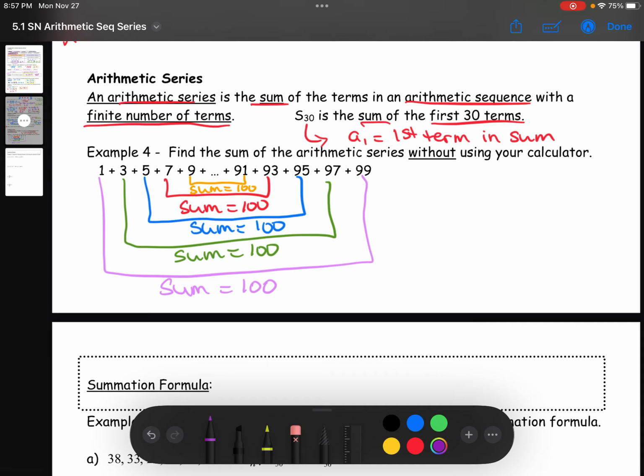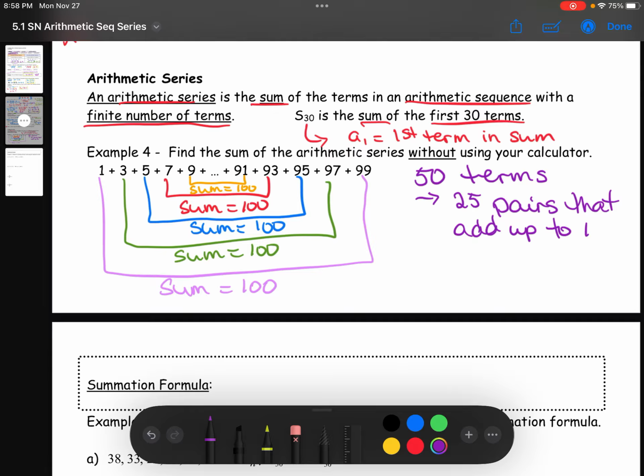So the odd numbers, every other number from 1 to 99, that's a total of 50 terms. It's half of the numbers from 1 to 100 because it's only the odds. So with 50 terms, that means there are 25 pairs that add up to 100.